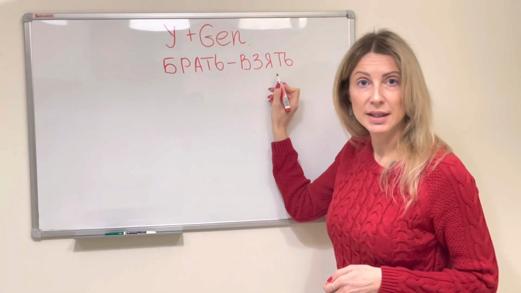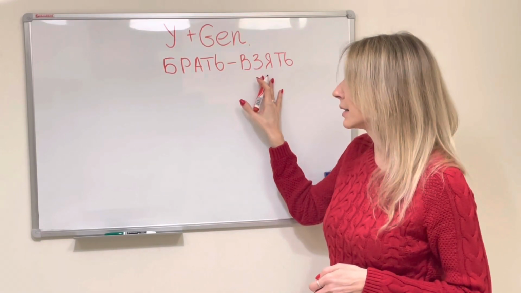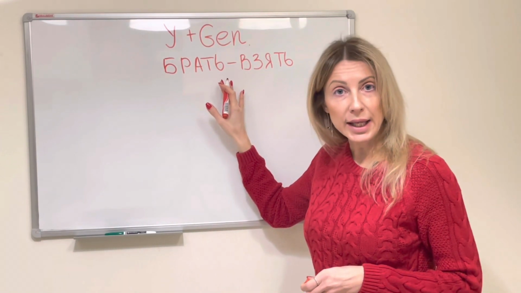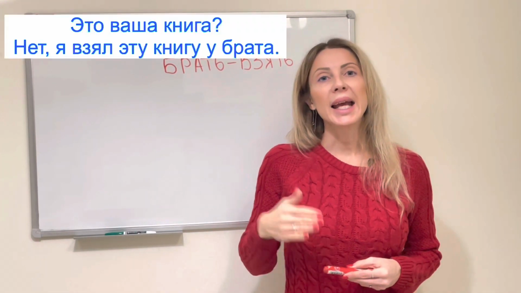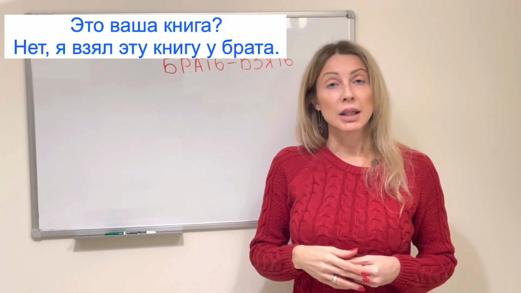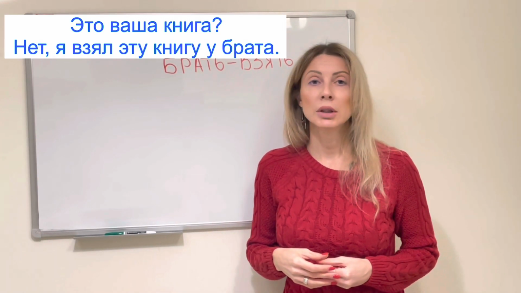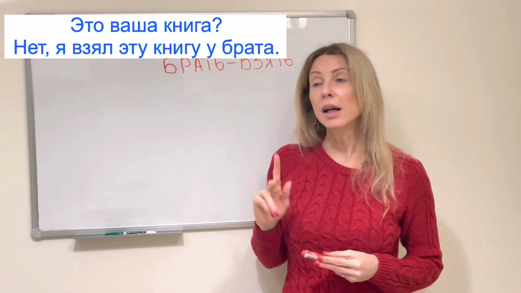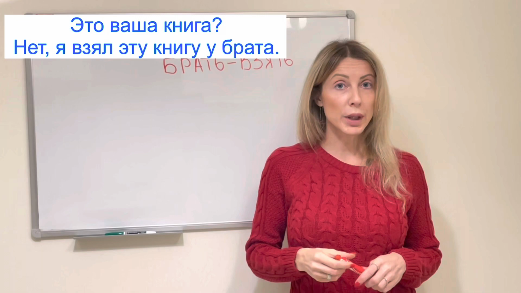Two aspects, imperfective and perfective. Брать, взять. They mean to take. Итак, the example. Это ваша книга? Is this your book? Это ваша книга? Нет. Я взял эту книгу у брата.